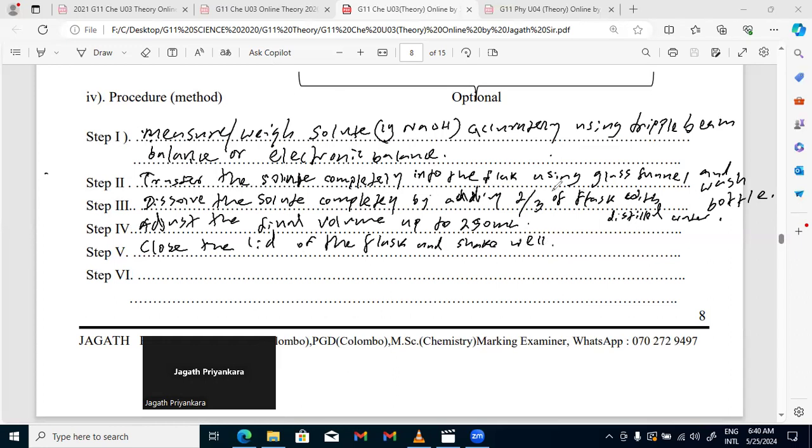Because when you do these practicals, students, you will put this into practice in your day-to-day life also. I'll give one example. Students who have done these practicals properly in school, especially if they have done A-level science or a university science degree, never forget to close the lid of a bottle after opening.